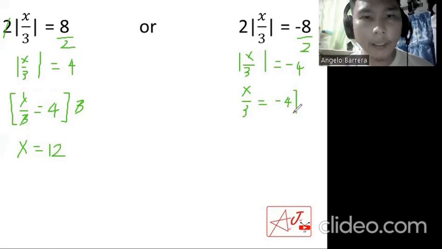And then, multiply both sides by 3 para matanggal natin si denominator. So, x is equal to negative 12. Ayan. So, ang ating solution set ay 12 and negative 12.